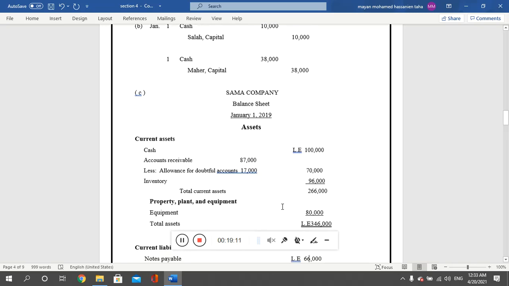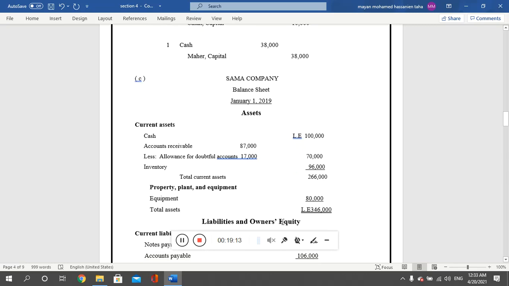So the total current assets will be the summation of total cash, total net accounts receivable, and total inventory for both partners. So the total current assets will be $266,000 for both partners.